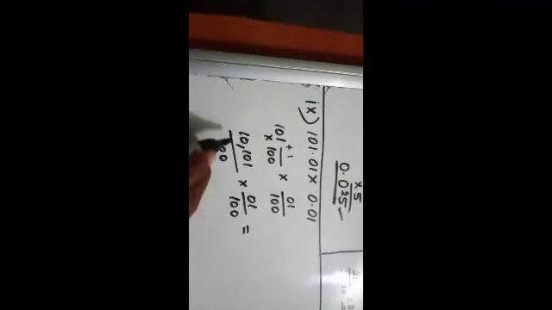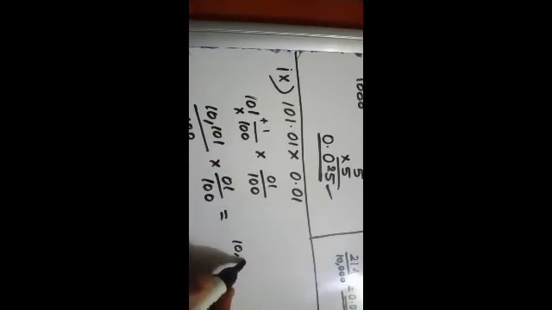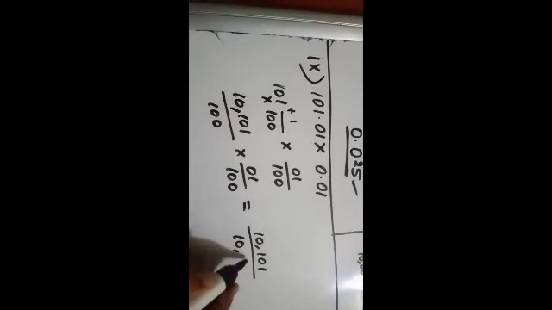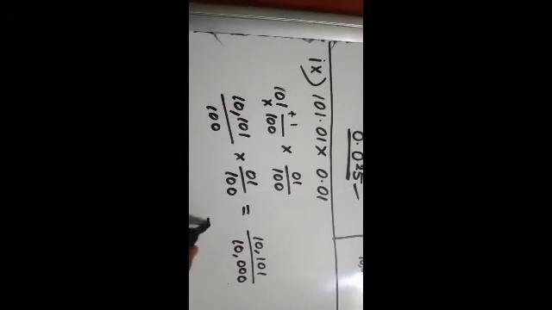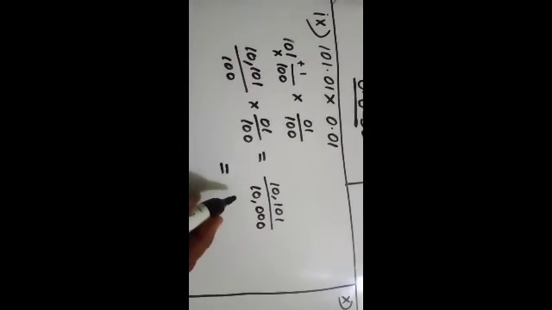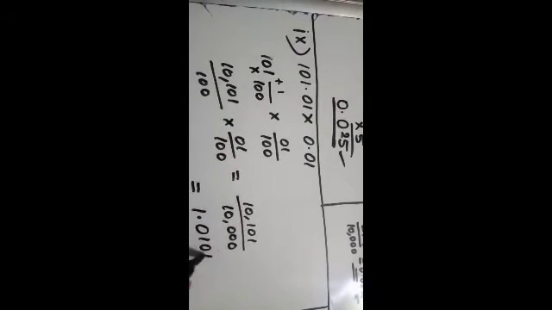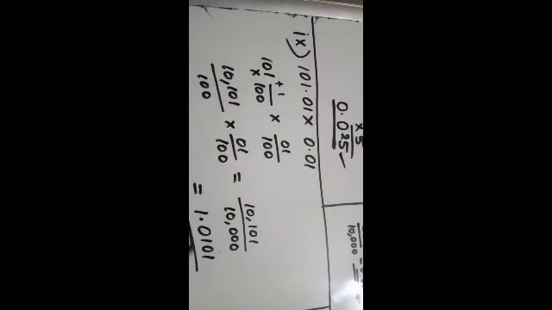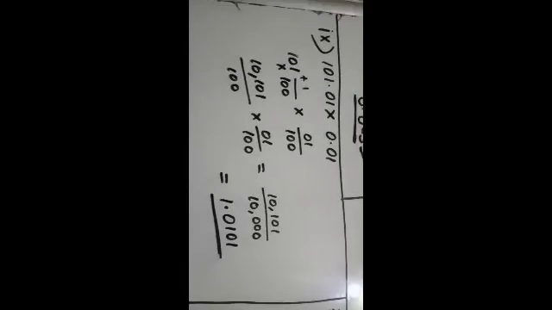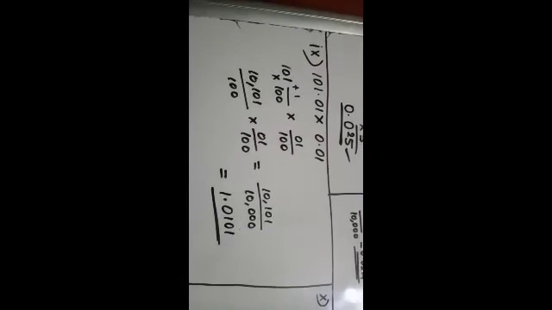Now both we have got the fractions. So if you multiply, you will get 10,001 upon 10,000. If you write in the form of a decimal, there are 4 places. So let us leave 4, then you will get 1.0001. Hope you understood the 9th question.